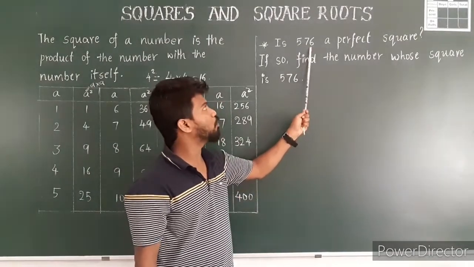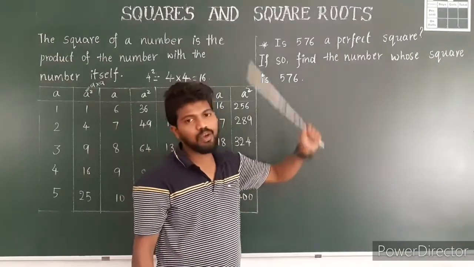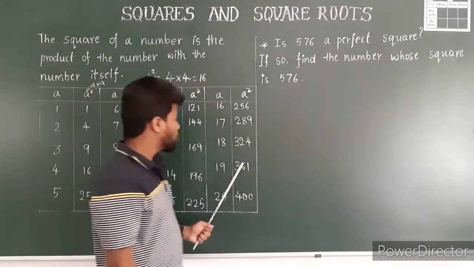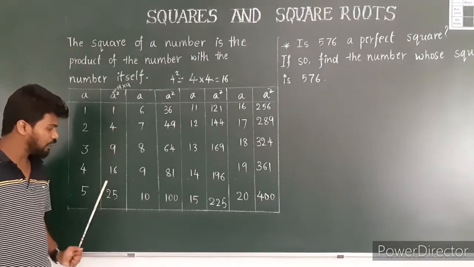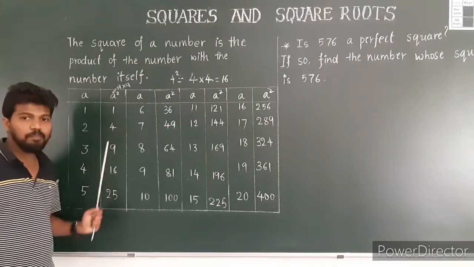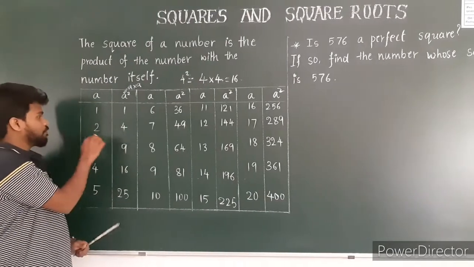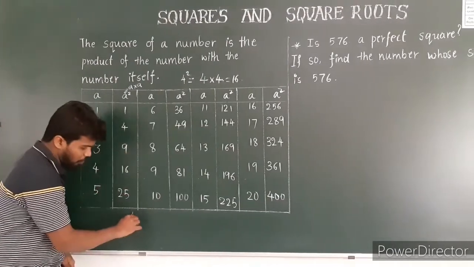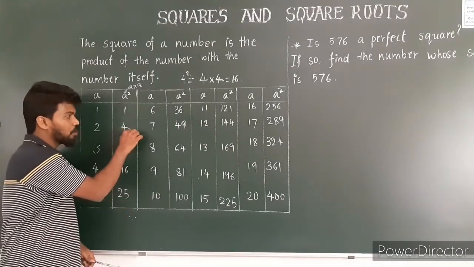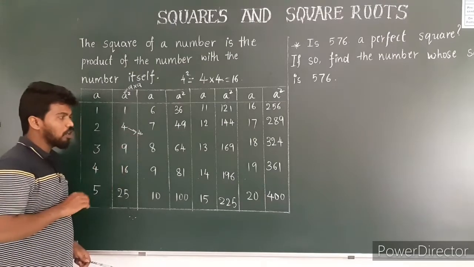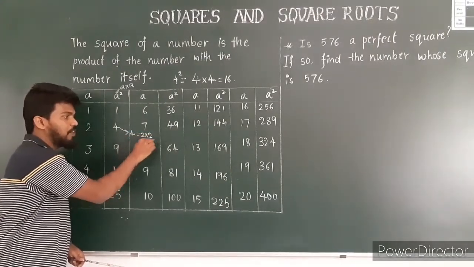First we have to check whether 576 is a perfect square. Perfect squares are, for example, 1, 4, 9, 16, 25, 400. Why do you call 4 a perfect square? 4 can be written as 2 into 2; you have two same factors.